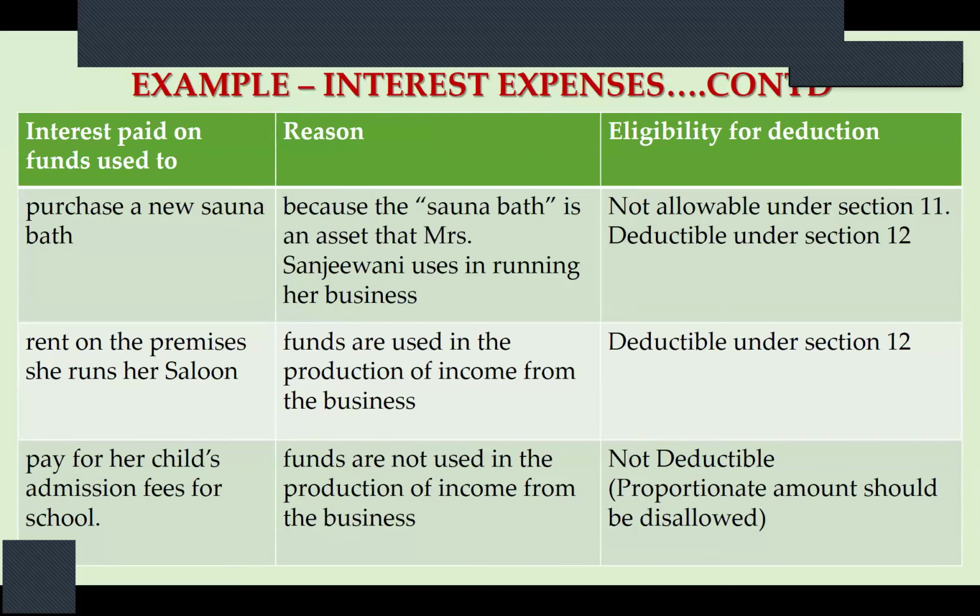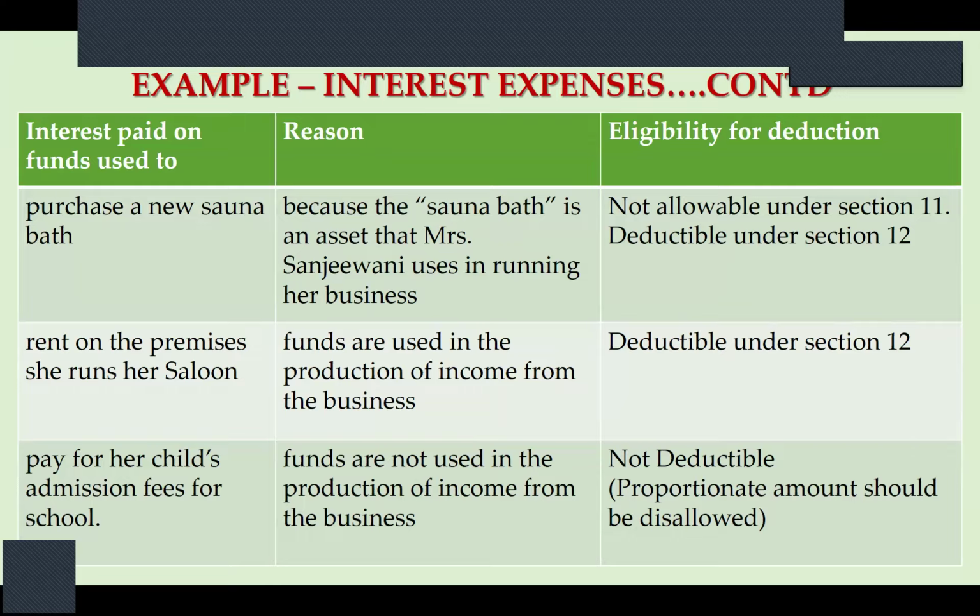Yes, you said no. It is conditional, based on the facts. That means, after selling that asset, if she used that consideration for the business purpose, then no issue. She can still deduct the interest portion. Why? Because two conditions are there in section 12.